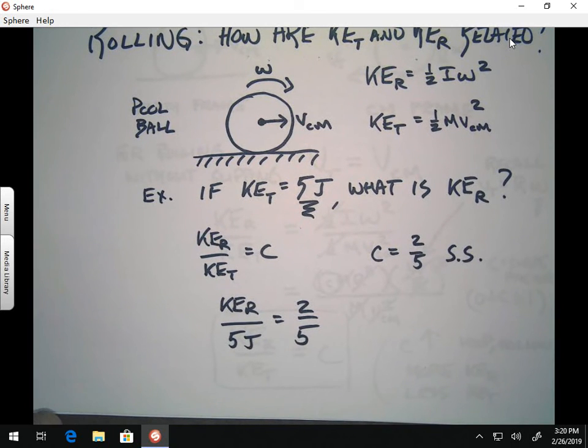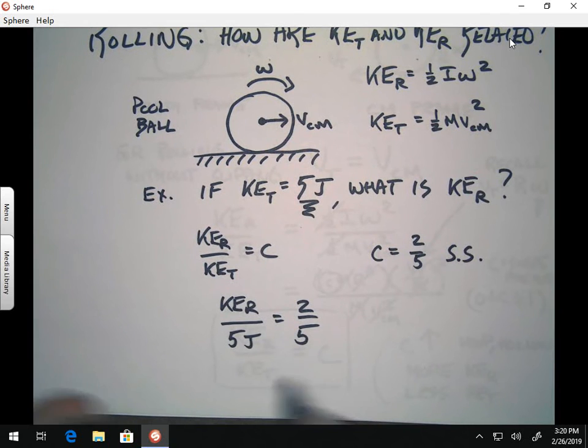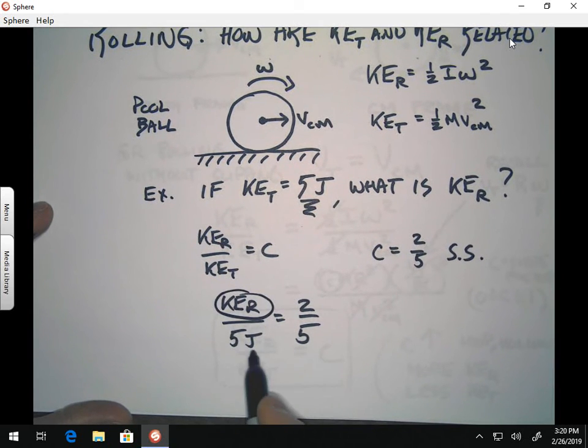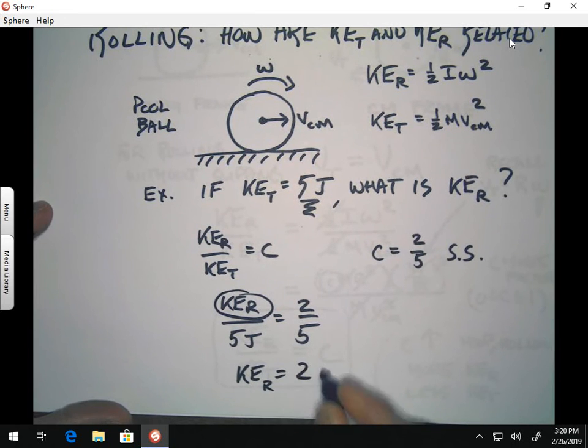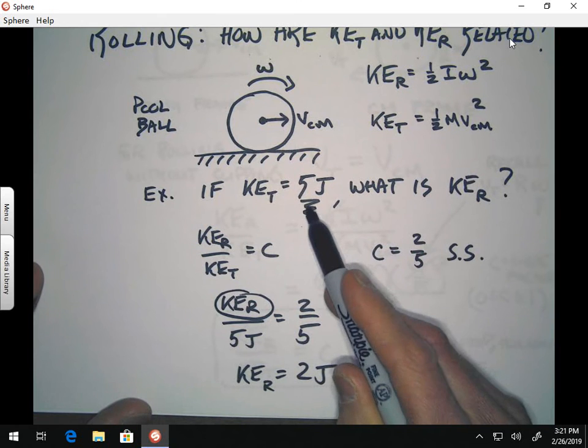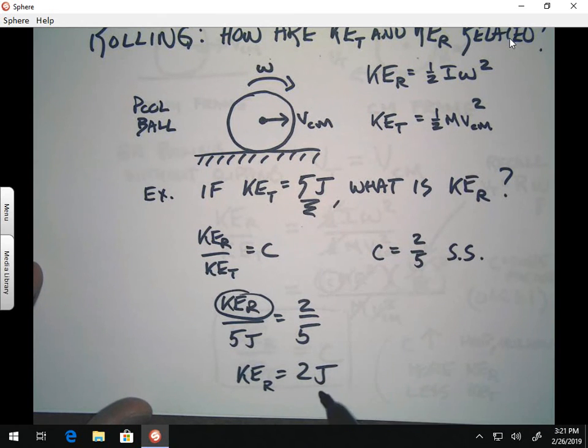I picked easy numbers on this one, because you can see that if this is your variable, over 5 joules equals 2/5, that means that you have 2 joules of rotation. So if it's 5 joules of translation, you've got 2 joules of rotation.